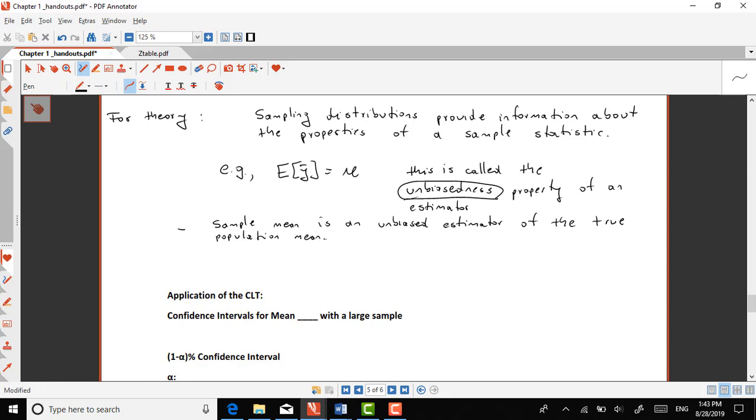Another way to say this is that if you go and take samples and calculate the mean again and again and again, the average of those means is going to be equal to the true population value.